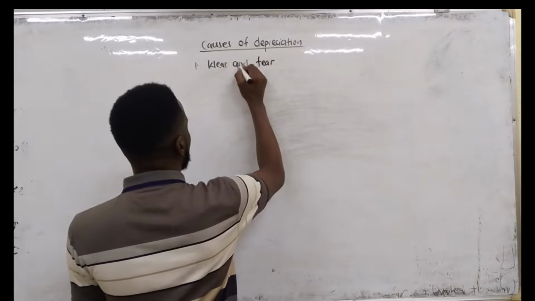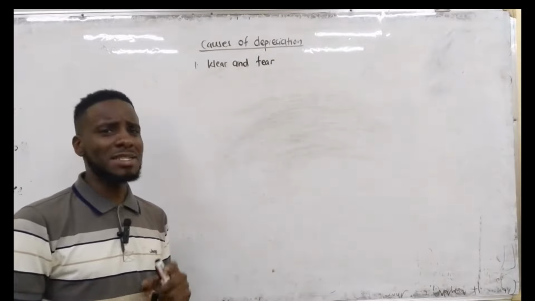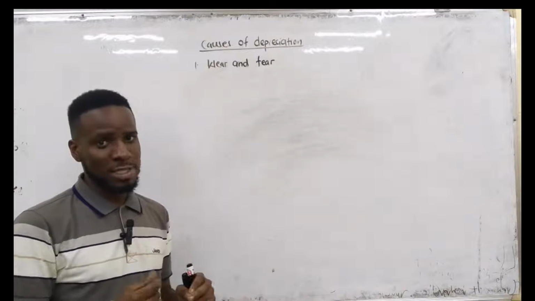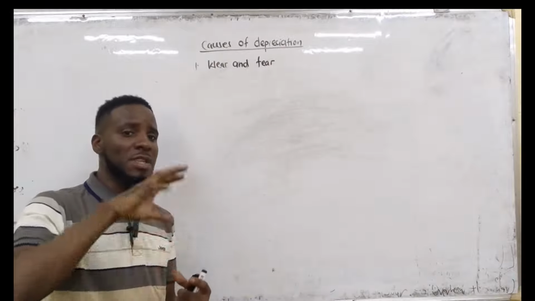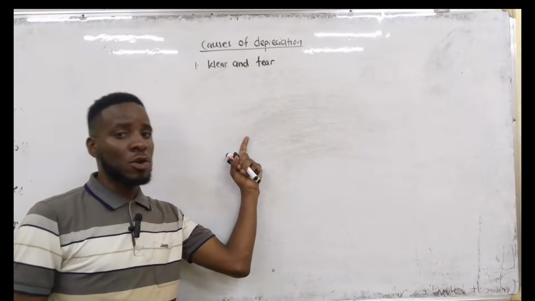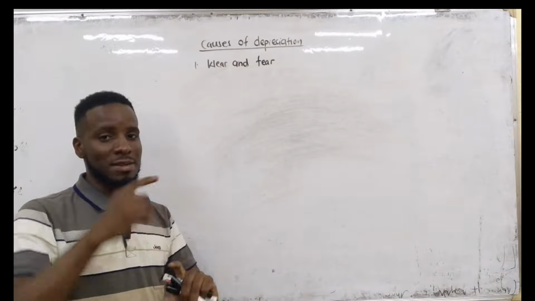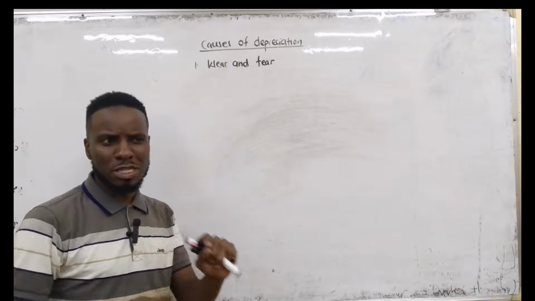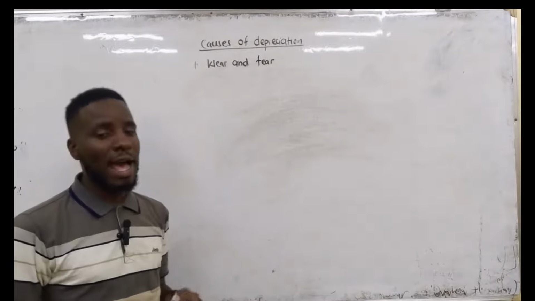Now, wear and tear, this is where the non-current asset begins to lose value as you continue to use it. That means as you continue to use this non-current asset, its value starts to go down. So this is the loss in value of a non-current asset as usage goes on. So maybe if you buy a motor vehicle, as you continue using it, its value starts to go down. So that's what they call wear and tear.